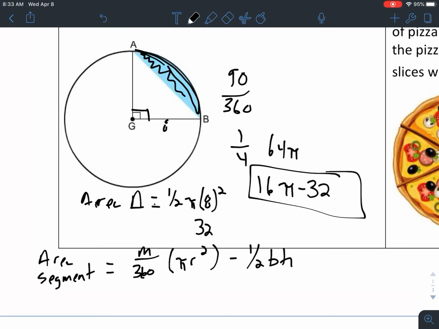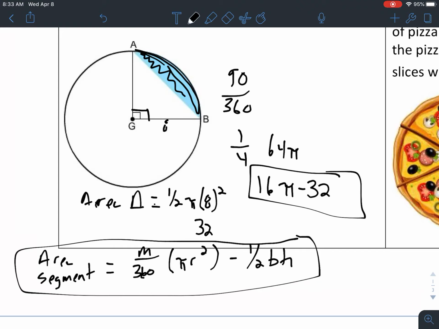So essentially the 8 times 8, 8 squared, is where the base times height comes from, because the base of the triangle is the same. That's where I got the 1/2. And there's your answer. Okay, actually I should delete the pi because the pi makes no sense there. I'm sorry, guys. There's your answer.